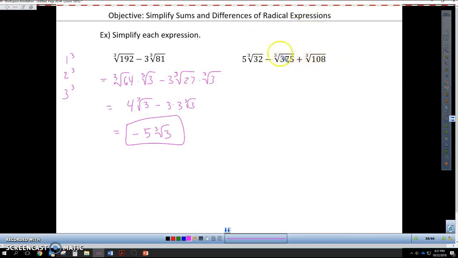Okay, and here we have our last example, 5 cubic root of 32. I want to go ahead and break that down, what perfect cube is in there. That would be 8. So this is 5 cubic root of 8 times the cubic root of 4. Minus 375, that should pop a 125 right into your head.